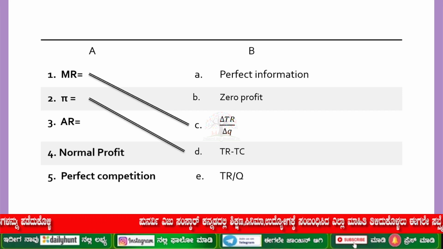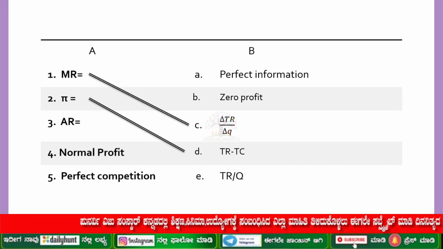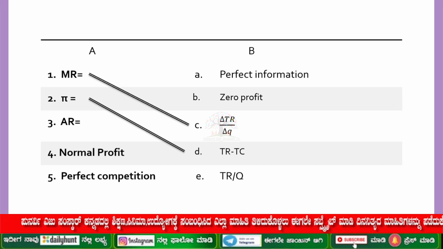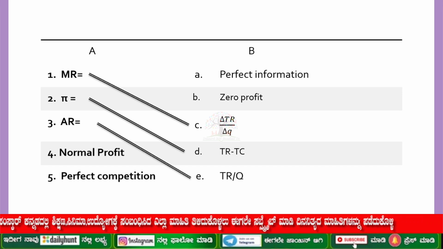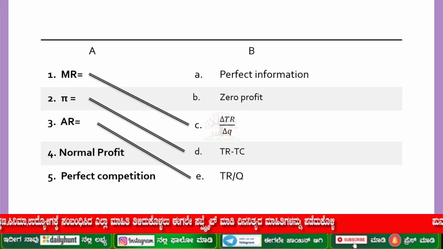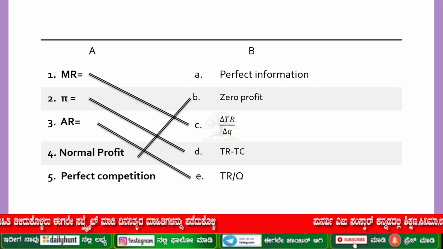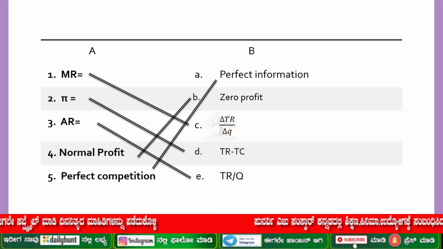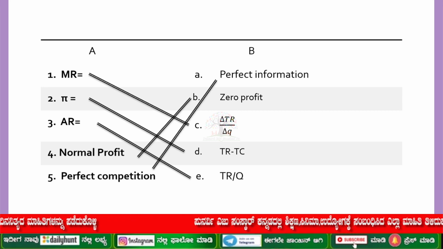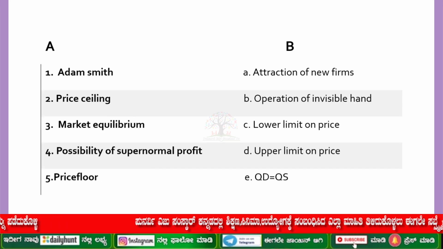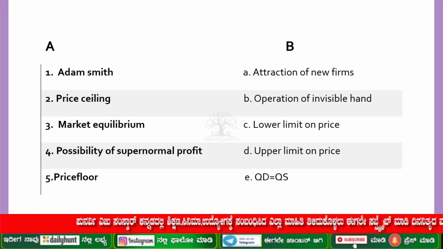AR is average revenue. Average revenue is nothing but TR divided by Q. Normal profit, for the zero profit condition we call it normal profit. Perfect competition, perfect information.